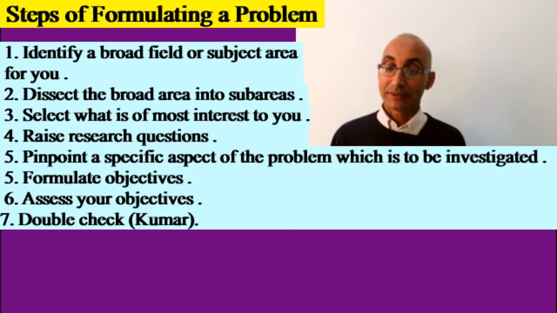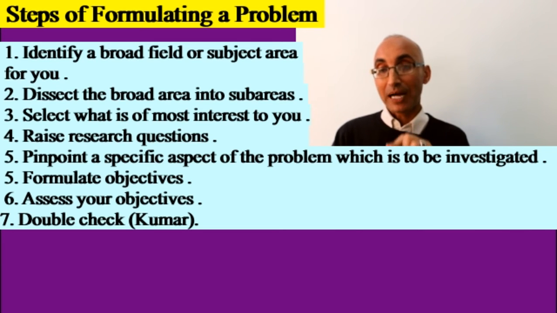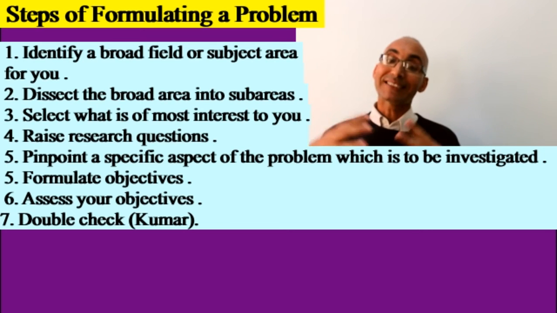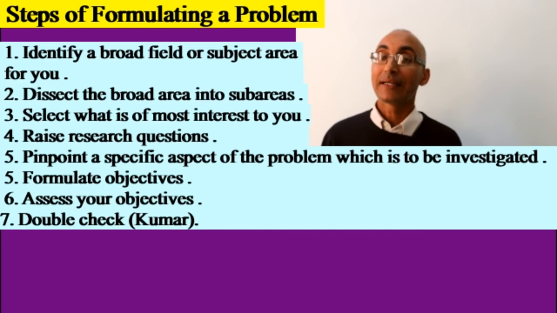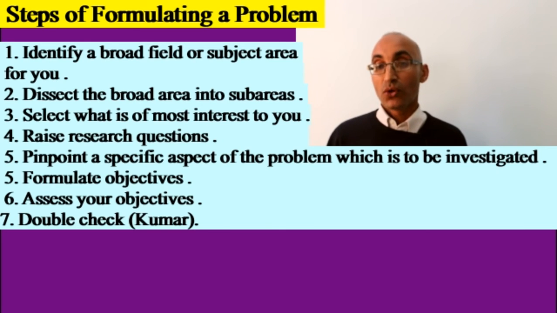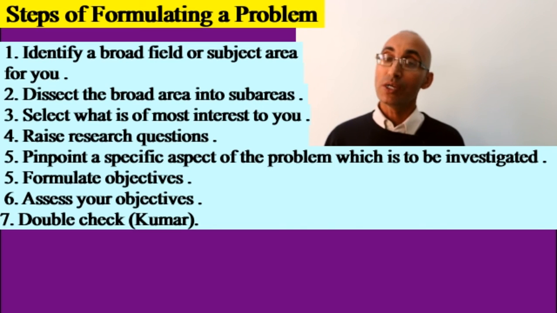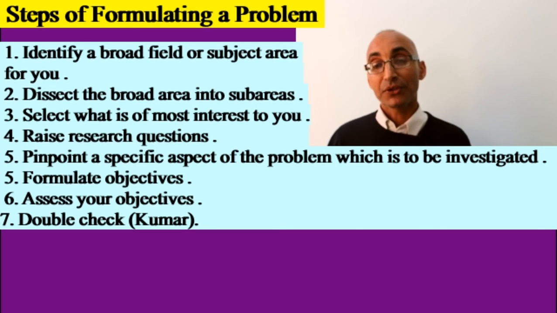It means what you want from selecting this element in particular to be your problem, your point of investigation. Clear? Then you assess your objectives to see whether they are feasible and appropriate to investigate using the required methodical tools and approaches or not.